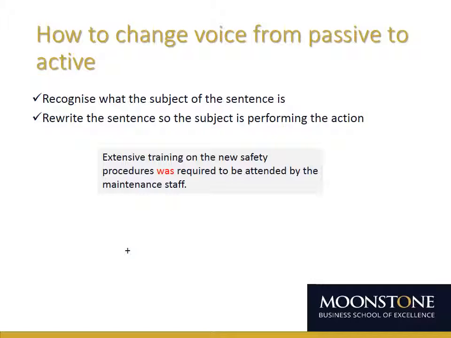Extensive training on the new safety procedures was required to be attended by the maintenance staff. We can immediately recognize that this sentence is in passive voice because the keyword was is used, and because it isn't initially clear who or what this sentence is about.